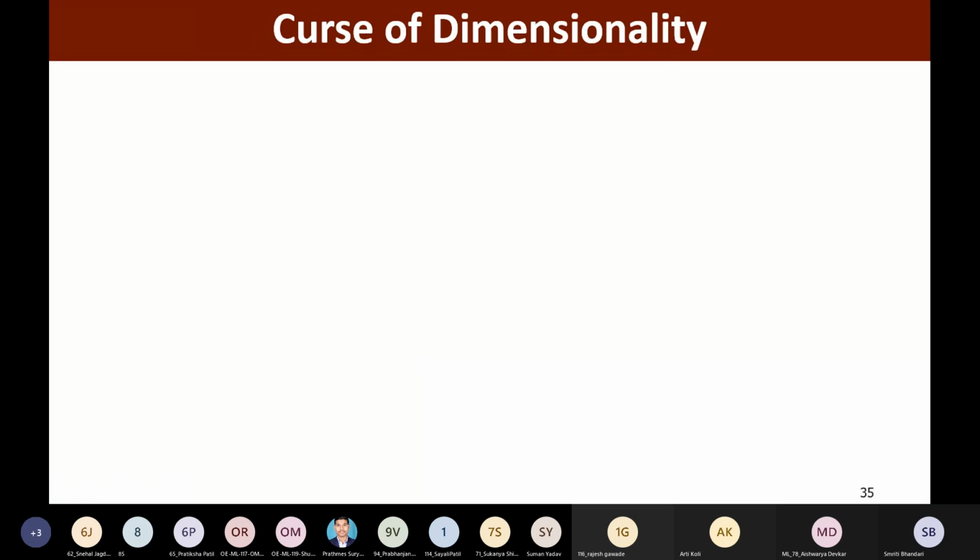So, to begin with, let us understand what this term means, curse of dimensionality. Whenever we are dealing with machine learning algorithms, we need to have lots of data, and this data comprises the instances or the examples.